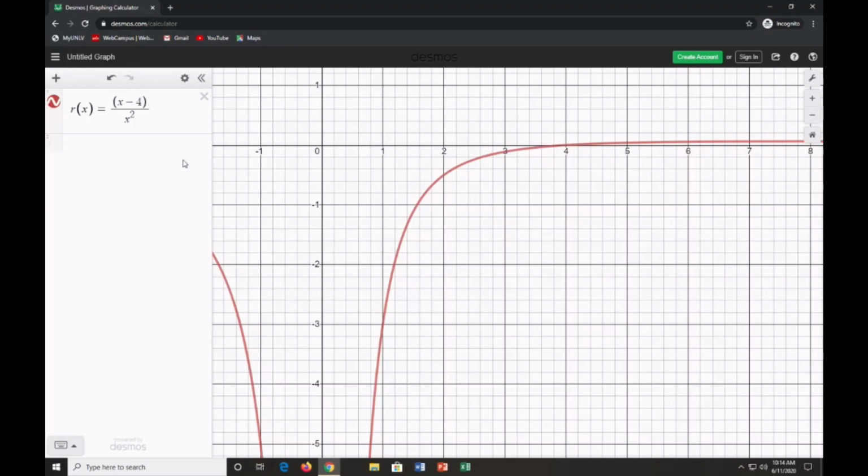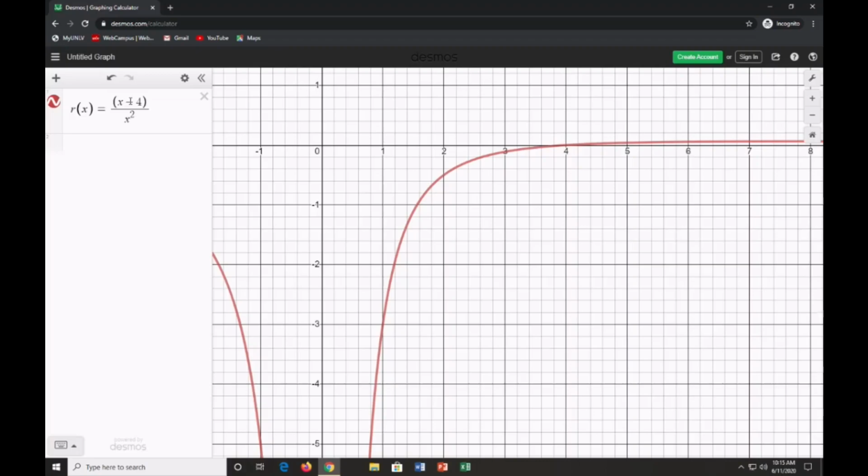And where is that crossing? Take a look at the equation. That's the x-intercept, right? The x-intercept is wherever the y value, or r of x, is equal to 0. Well, anytime you have a 0 in the numerator of a fraction, the whole thing will be 0. 0 divided by anything is 0.